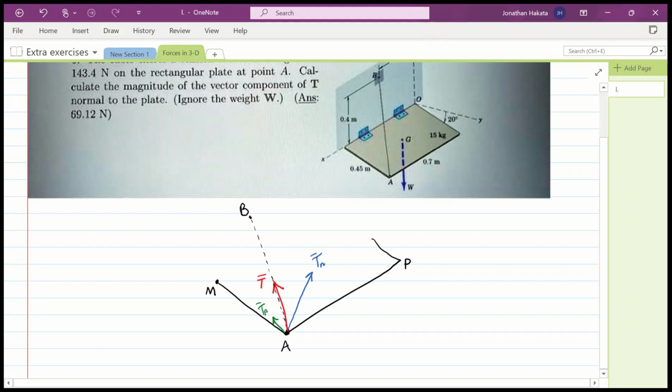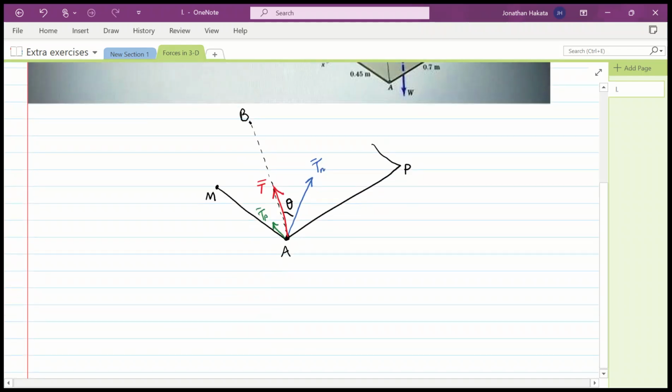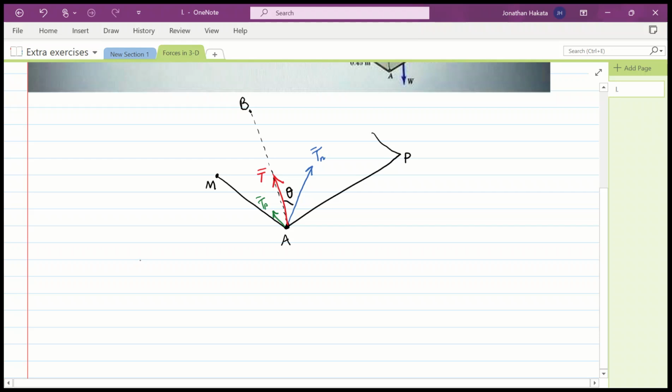If we have this angle to be theta, I'm sure you agree that the magnitude of Tn, the component perpendicular to the plate, is the magnitude of the force T cosine of theta. I'm sure this is basic. If you resolve components of a force about a point, and you are given an angle theta it makes with the horizontal, then you have this scenario.